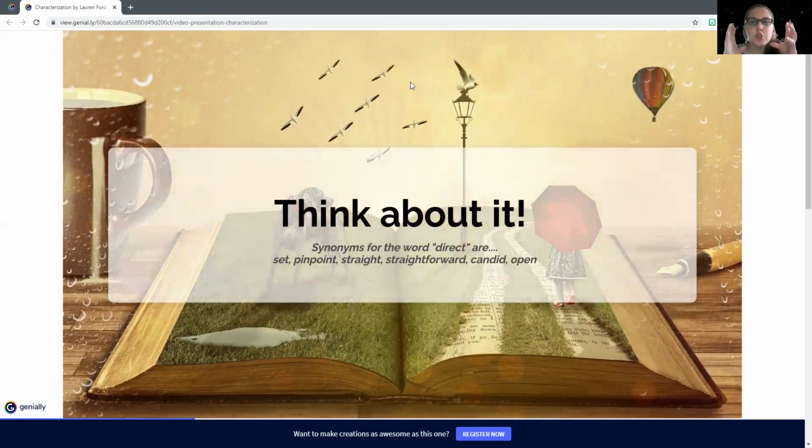So let's look at the word direct before we get into looking at the specifics of direct characterization. Synonyms for the word direct, synonym meaning similar words with the same meaning, even if they're not exactly the same word. And they shouldn't be exactly the same word. That would be a synonym. So synonyms for the word direct: set, pinpoint, straight, straightforward, candid, open.